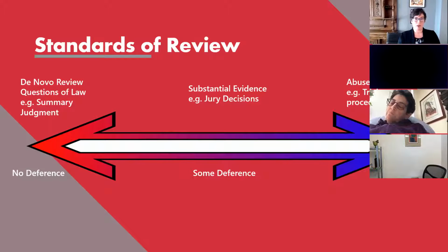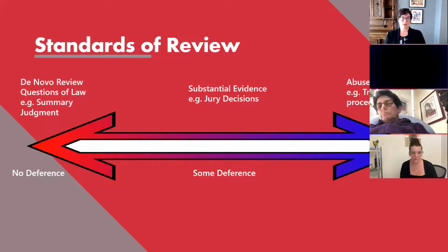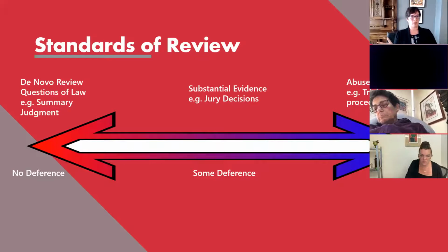But it also can help in terms of assessing the persuasiveness of the opinions that you are using in your briefing. For example, if you have an opinion that says, here's what the trial court did, and what they did did not abuse its discretion. That opinion isn't saying the trial court was right, per se.